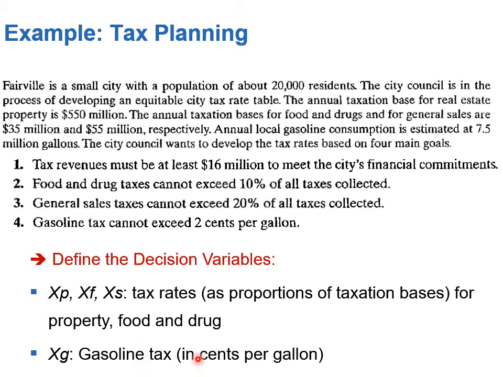Of course, you can define it as dollars per gallon as well, but dollars per gallon will be very small. So we define it as cents per gallon. So XP, XF, and XS are the tax rates that will be directly applied to these values, but XG is the cents per gallon, and it will be applied to this gasoline usage.